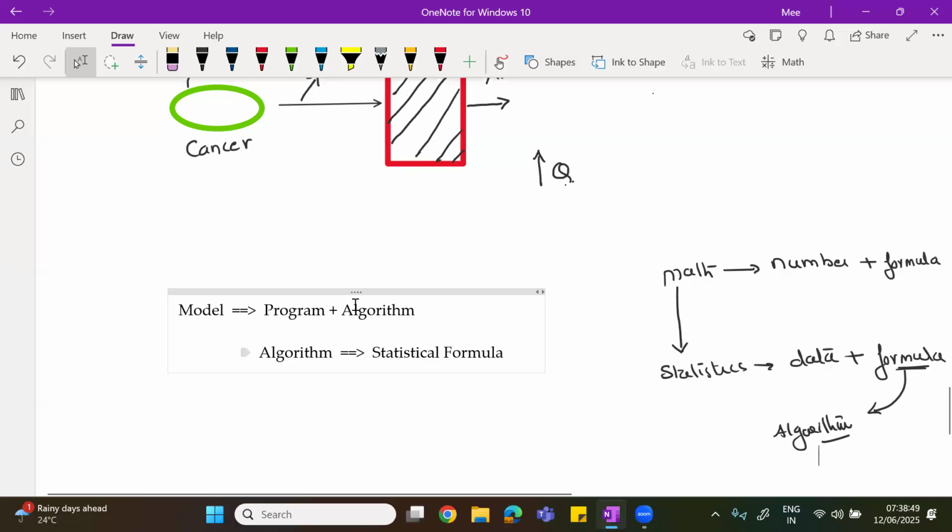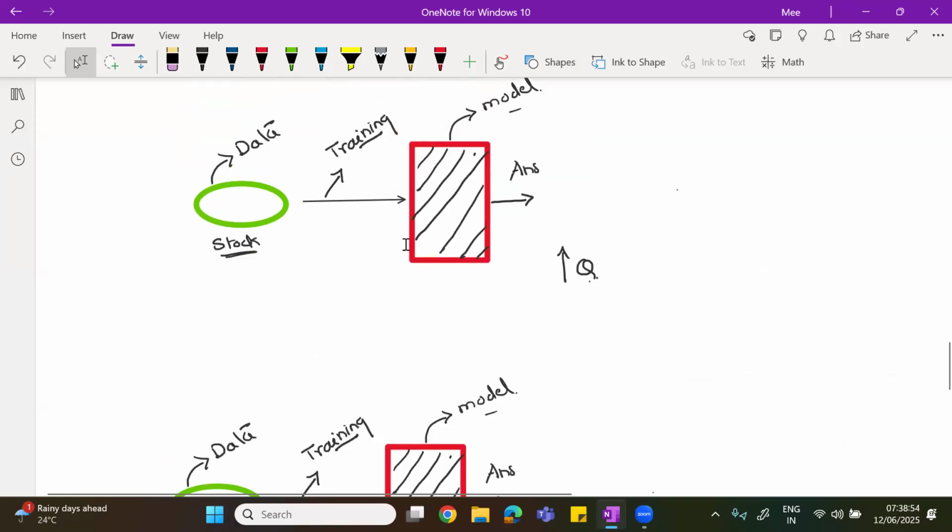Now, what is the beauty of this model? If you give it stock price data, it acts like a stock market expert, and it will suggest to us, based on the data you provided, what to do and where to invest.